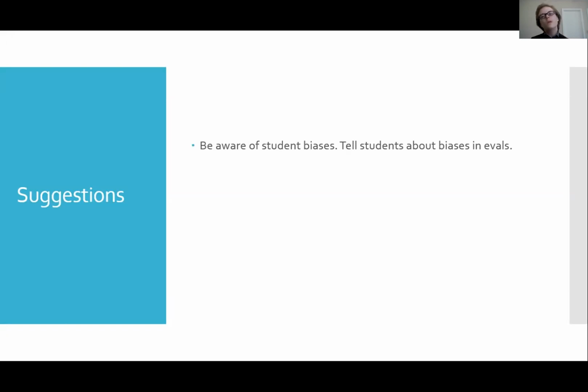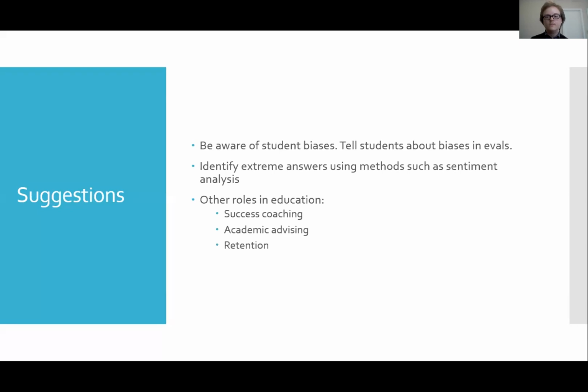And we also might want to tell students about biases they might be inclined to have so that we can help mitigate that a little bit. We can also do things like identifying extreme answers using methods like sentiment analysis. I'm not going to go into detail on this, but basically you can get a measure of how positive or negative a response is and isolate what you look at that way.